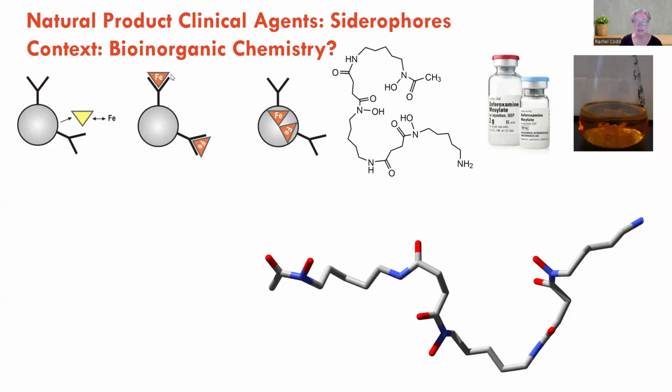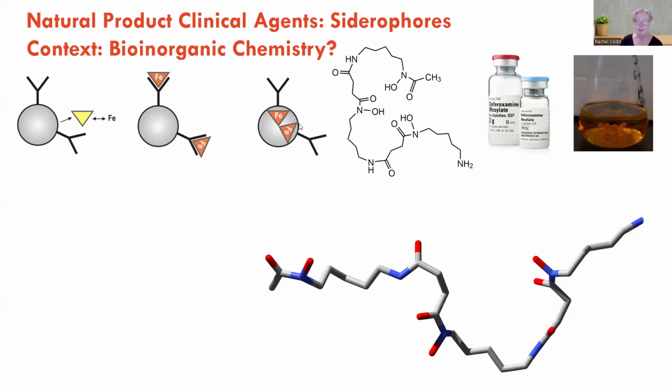The recognition event then initiates a protein-mediated importation cascade where these compounds are actively imported into the periplasm of a gram-negative or into the interior of a gram-positive.